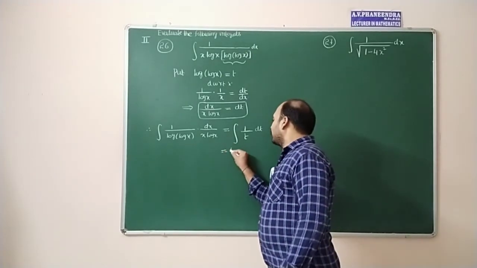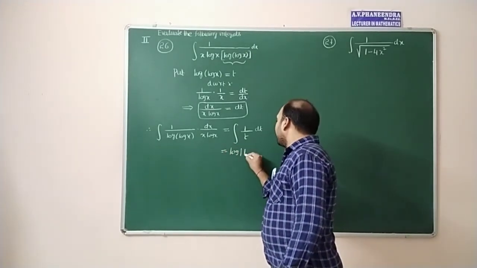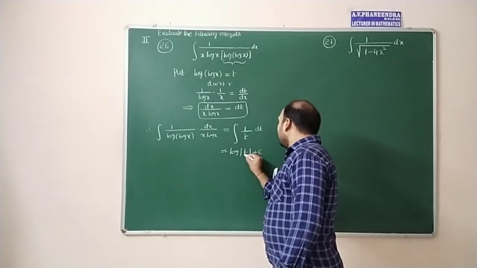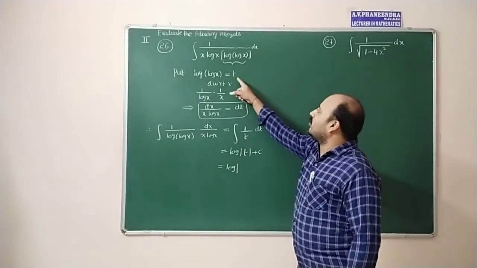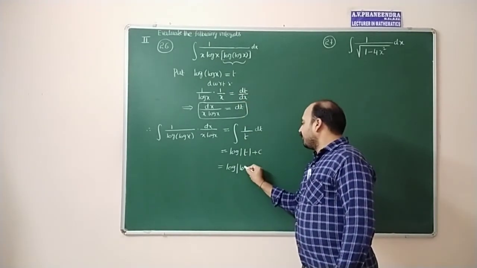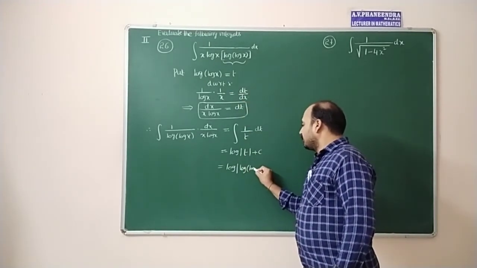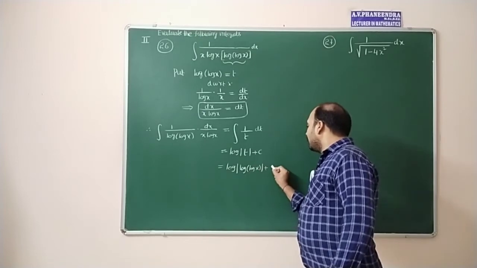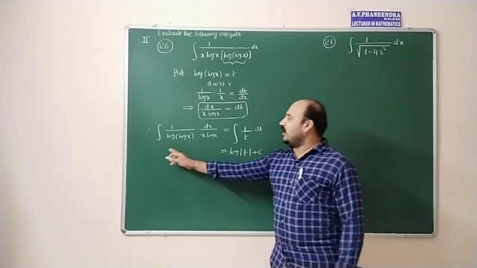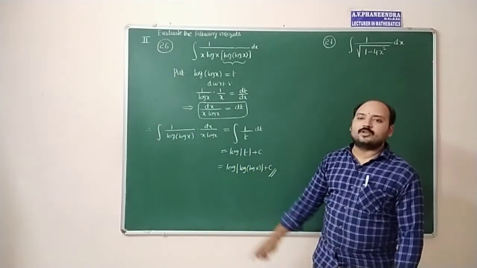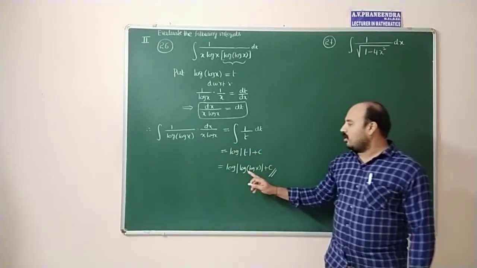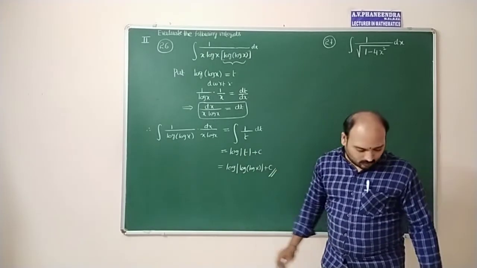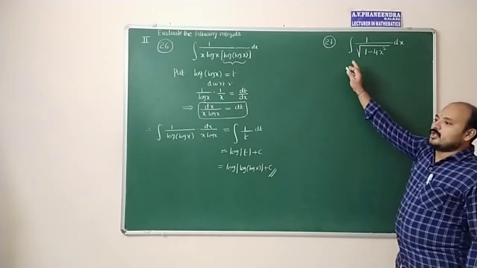So log mod t plus c, which is equal to, in place of t what we assumed, log of log x plus c. Therefore integral 1 by x log x into log of log x into dx is equal to log of log x plus c. We will go to the next problem.